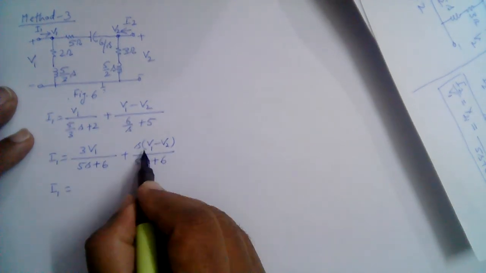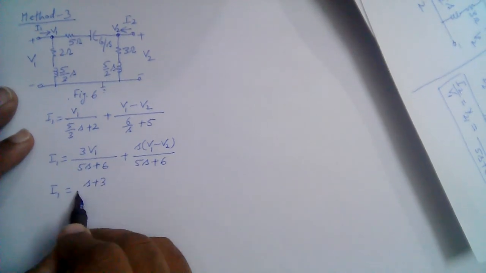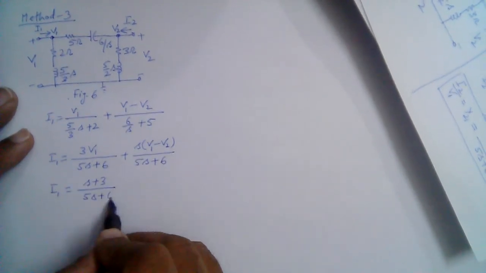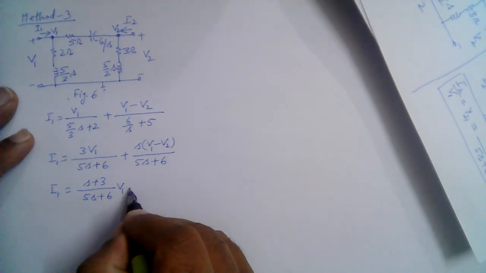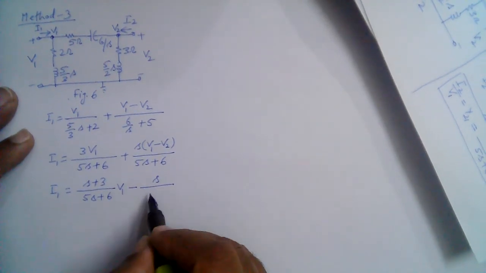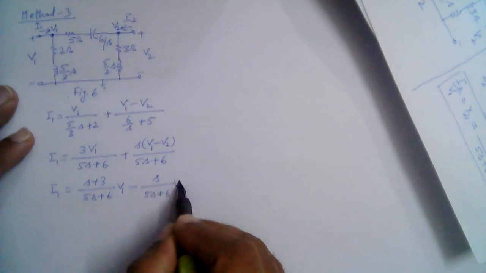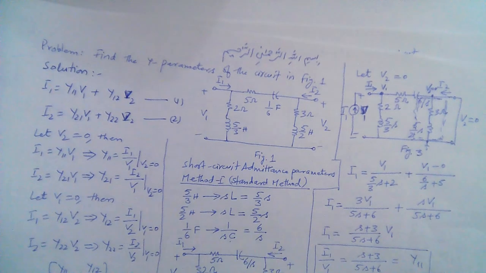So we combine the terms for V1 together and V2 together, so that I1 is equal to s plus 3 over 5s plus 6 V1, and then minus s over 5s plus 6 V2.